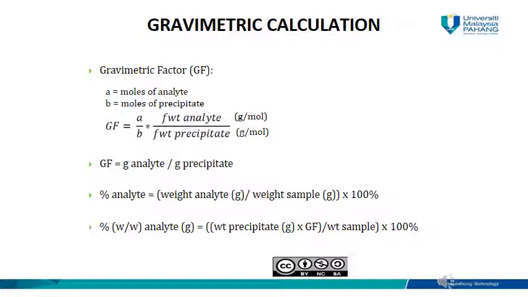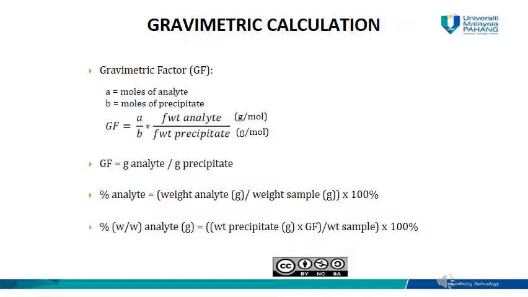Here A is the moles of analyte and B is the moles of precipitate, and GF is the gravimetric factor. When you have this value, you must multiply the ratio of moles of analyte to moles of precipitate by the molecular weight of analyte divided by the molecular weight of precipitate.